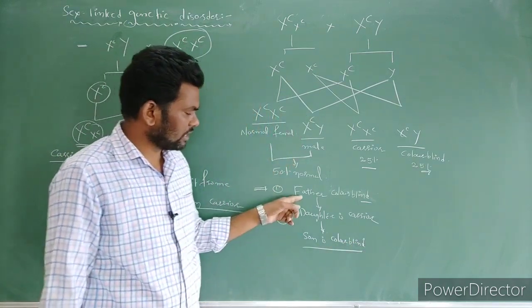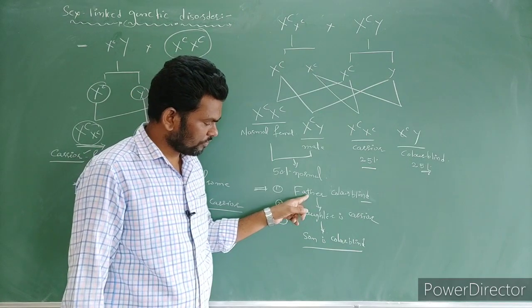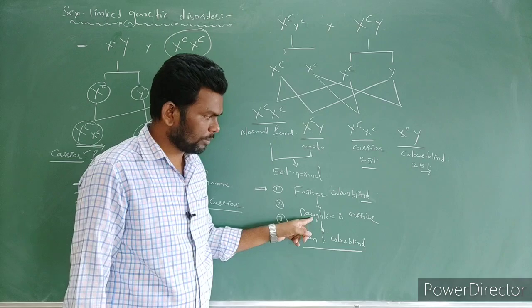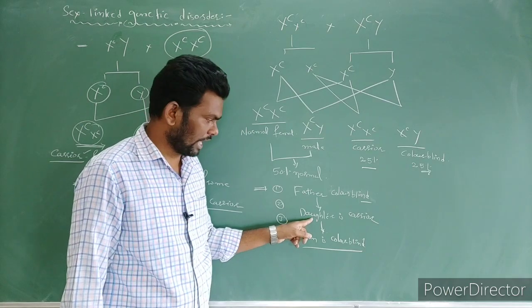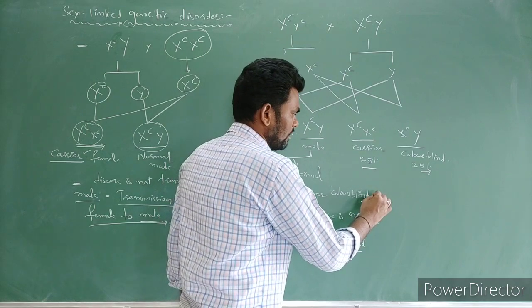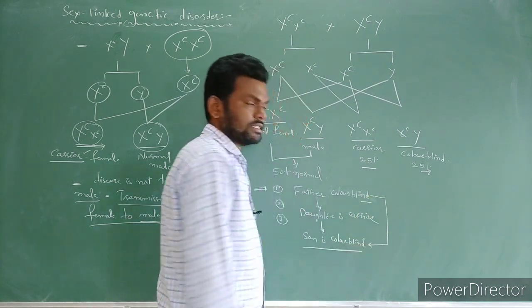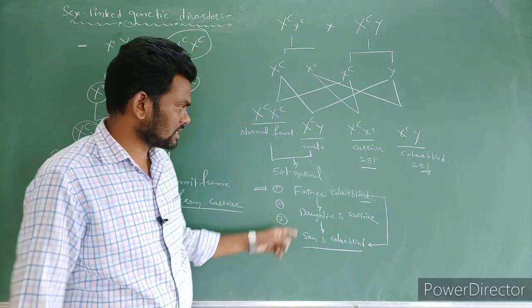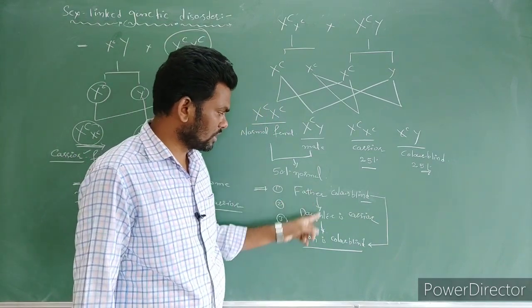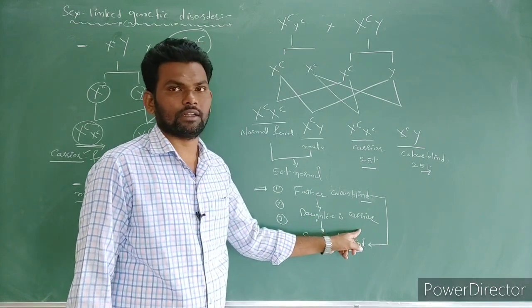It means we can say the disease goes from father to daughter, who becomes a carrier, to son. So actually the disease is transmitted from grandfather to grandson through the carrier daughter.